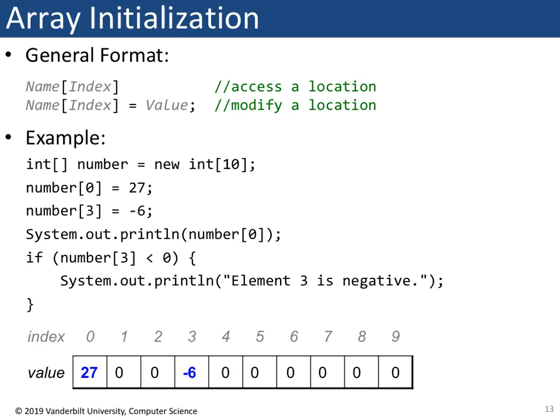Our print line statement would print out the value 27 to the console. Now in this if statement, we would read this: if element 3 in the number array is less than 0, print out element 3 is negative. So element 3 is less than 0, so we would print out element 3 is negative.